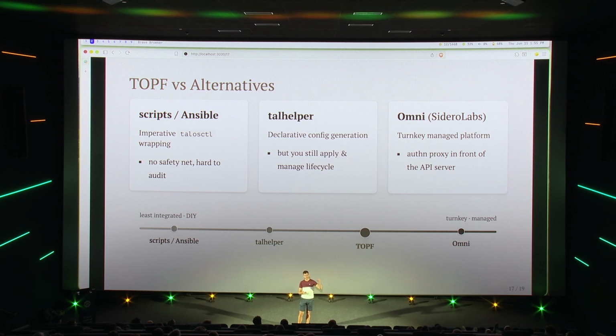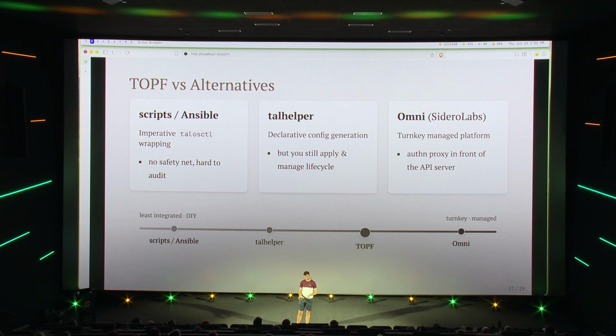It's like an intermediate level between the Talos configuration model and what they have. Whereas with TOPF, you just look at the documentation from Talos, take their example, copy paste that in your all folder or whichever folder you need the patch to be applied to, and then it's going to do what you expect it to do.